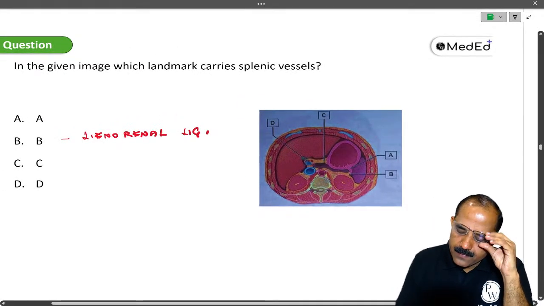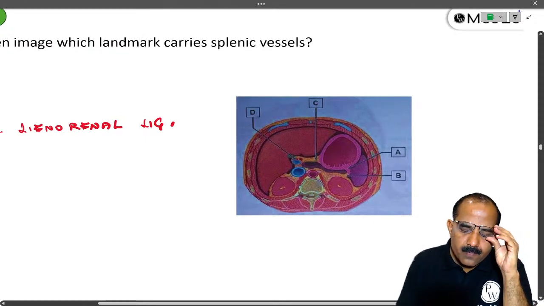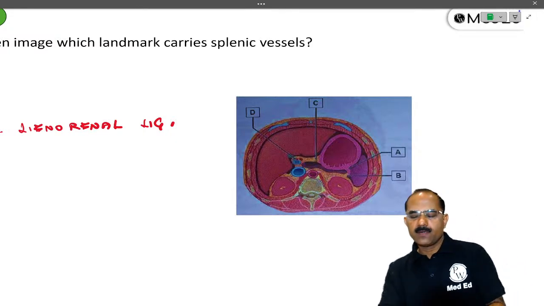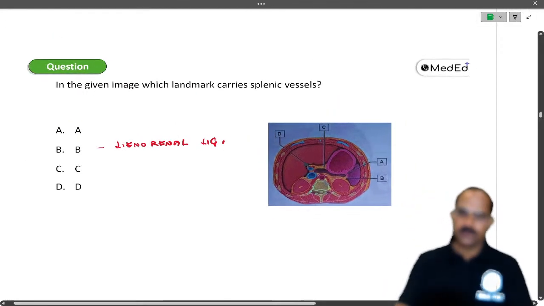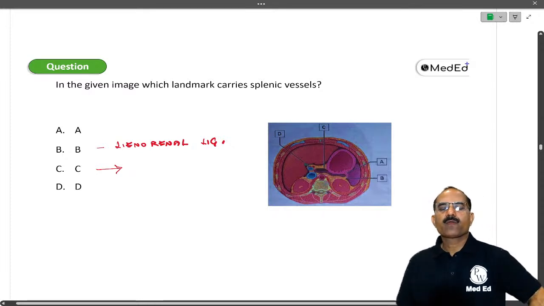ठीक है. B is lieno-renal. Yes, yes. What is C? C क्या है बच्चा? I'm not able to see that clearly. What is C? C कौन है बोलो? Where is C? What is C?